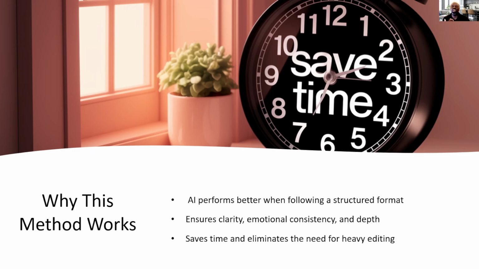So this saves a lot of time and eliminates the need for heavy editing. You may have to edit in some places, maybe one or two or three, or you may have to remove the labels, that's all. But you won't have to spend so much heartache editing.